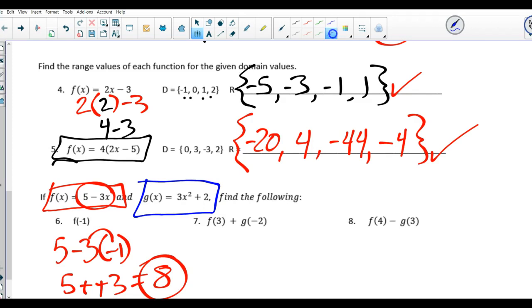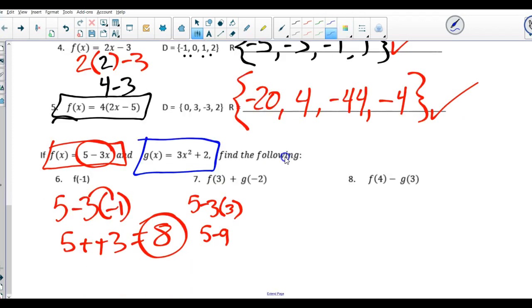f of 3 plus g of -2. I'm going to find f of 3 first. That's 5 minus 3 times 3, which is 5 minus 9. Need more space. 5 minus 9 is -4. Plus g of -2. G of -2 is 3 parentheses -2 squared plus 2.